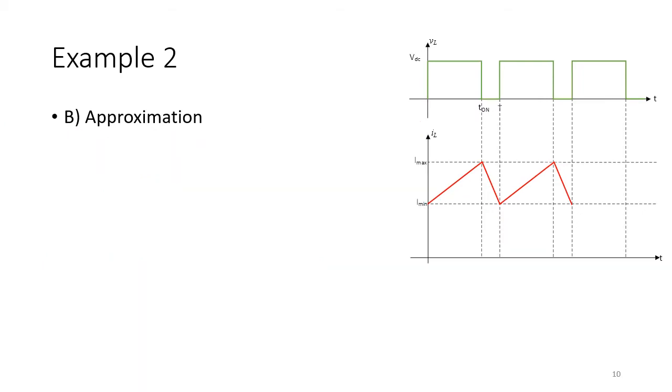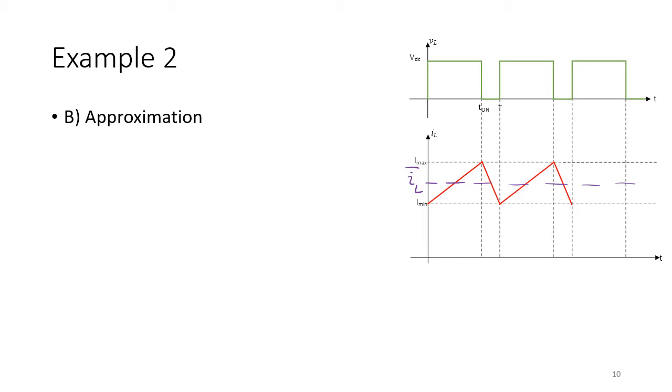We still haven't found Imax and Imin, but it's very simple here because the changes are linear. IL average is equal to Imax plus Imin divided by 2.